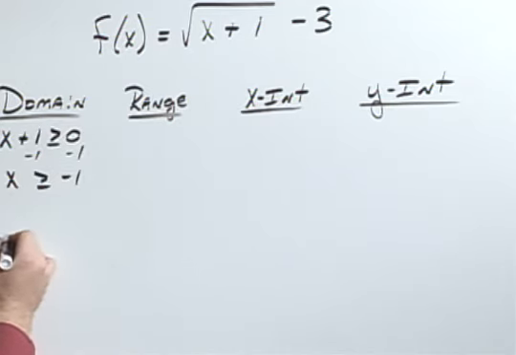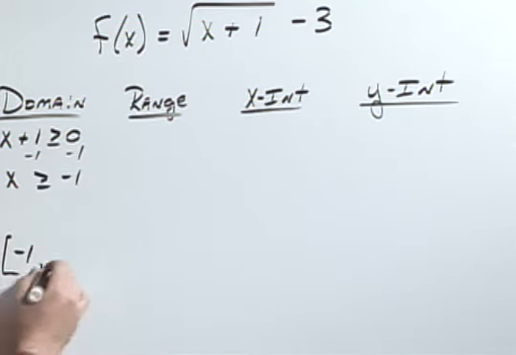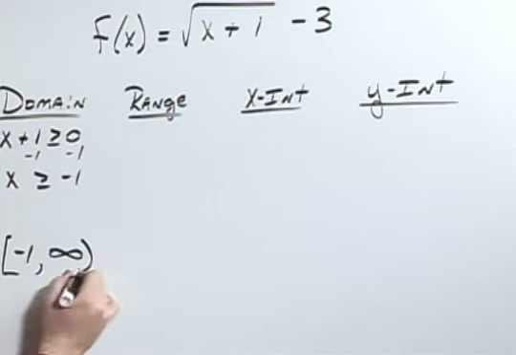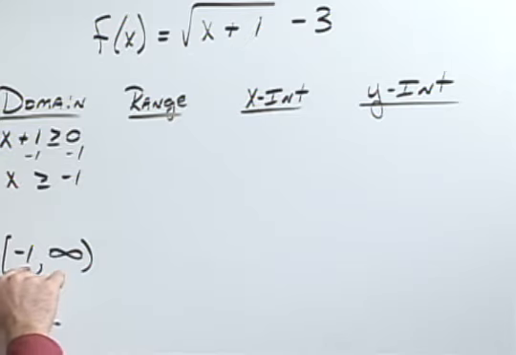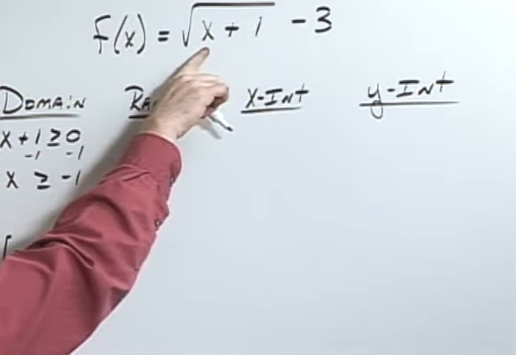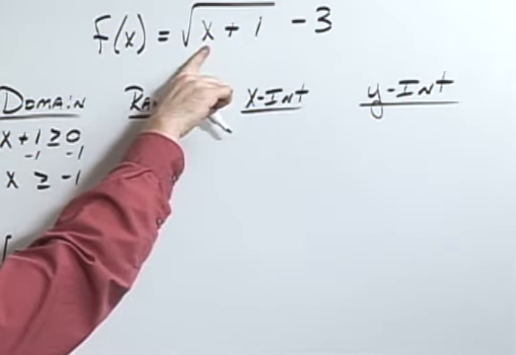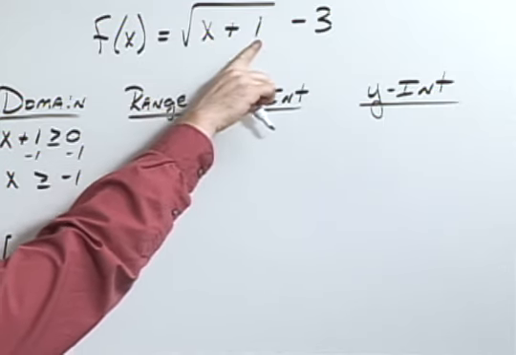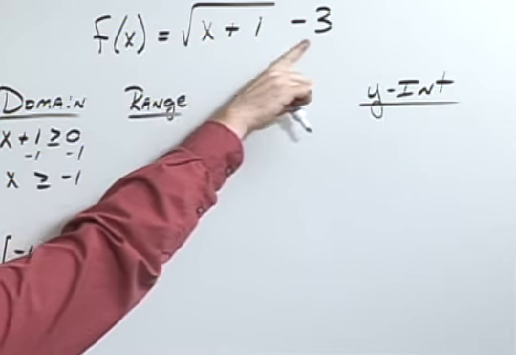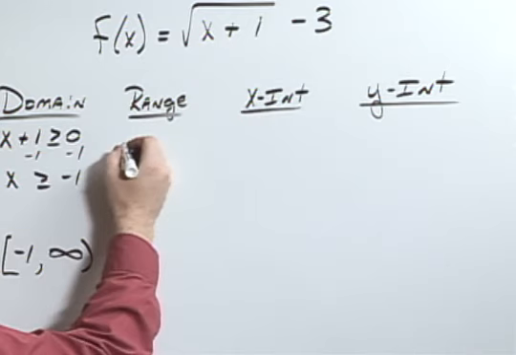So my domain then will be from negative 1, and it will include negative 1, all the way to infinity. So a bracket for the negative 1 and a parenthesis for my infinity. For my range, if negative 1 is the critical value and I'm looking at my function, if I put negative 1 into here, I have negative 1 plus 1, so that's 0, and I start with negative 3.